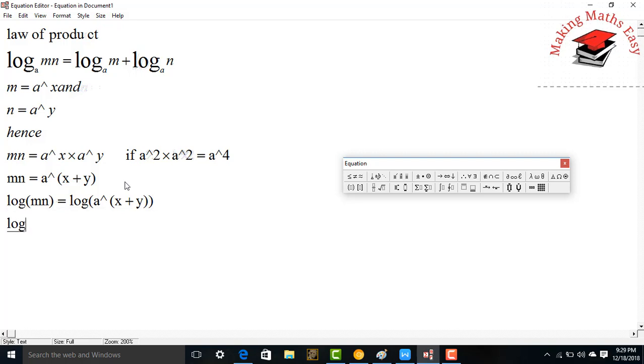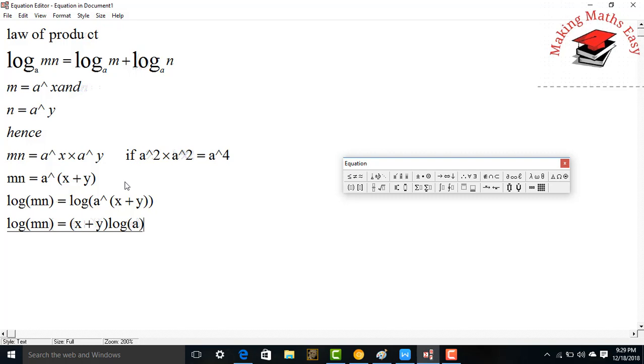So log of m into n will be equal to x plus y, taking this in the bracket, x plus y into log of a.